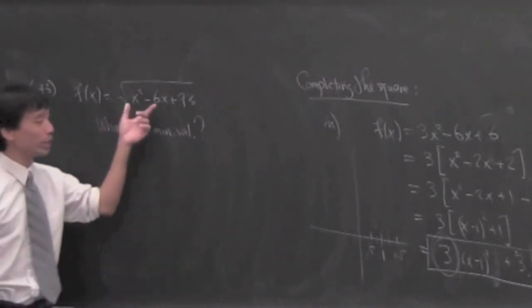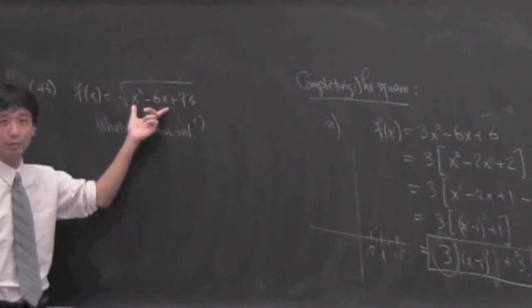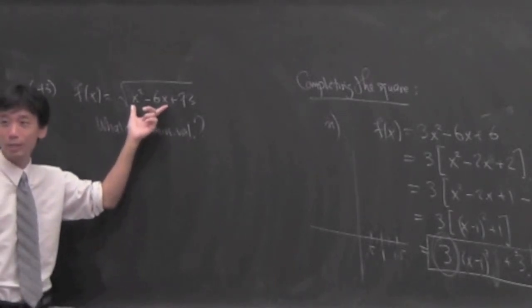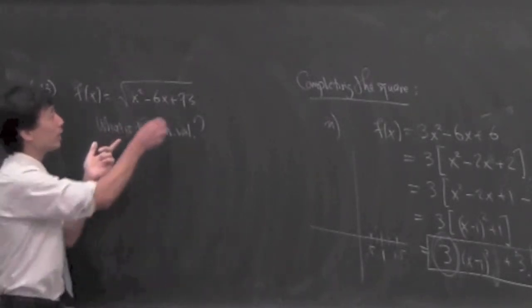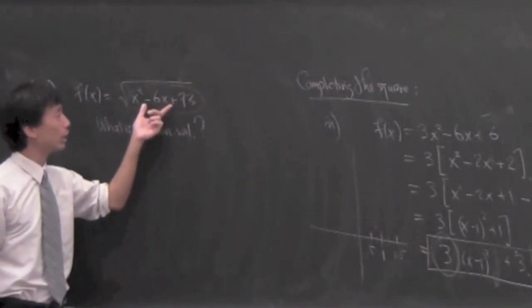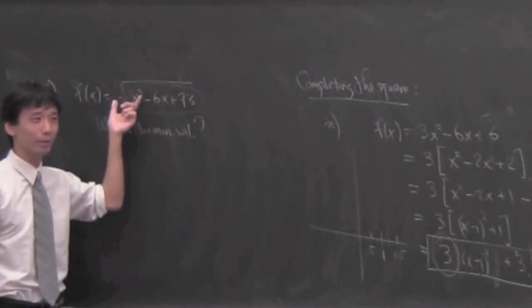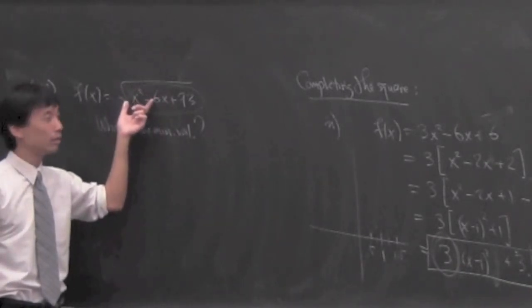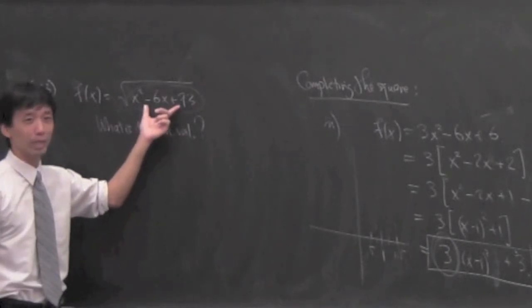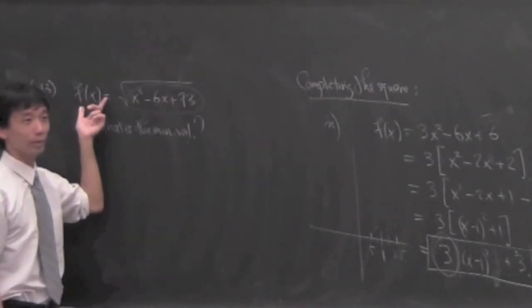Yeah. So the point is that to find the minimum value of this guy, well, let's just find the minimum value of this, right? Because wherever this guy reaches its minimum value, the square root of it is going to reach its minimum value, right? The smallest value we get out of here, we take the square root of that, and that will be the minimum value here.